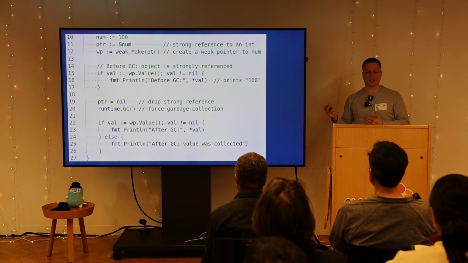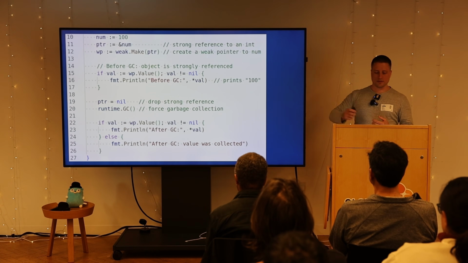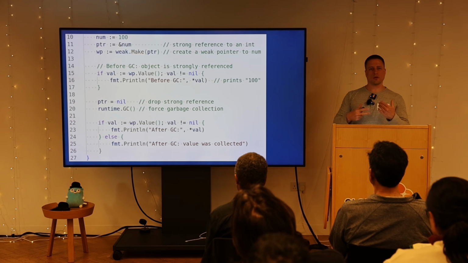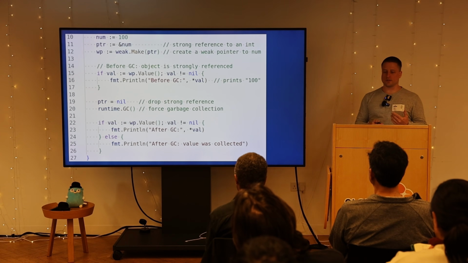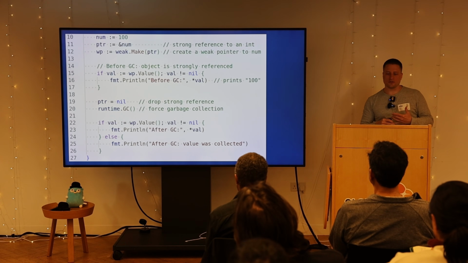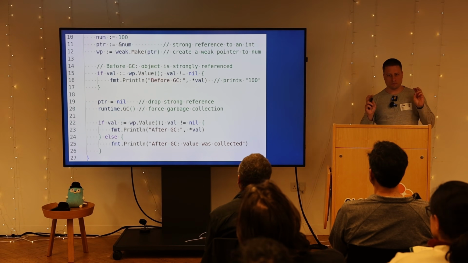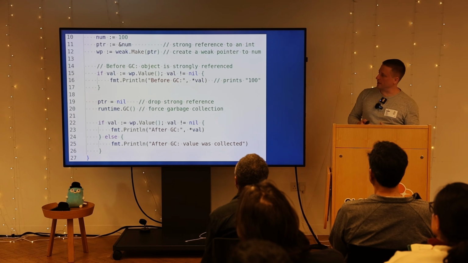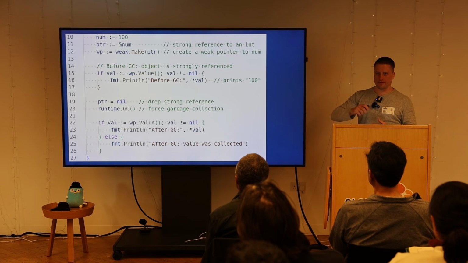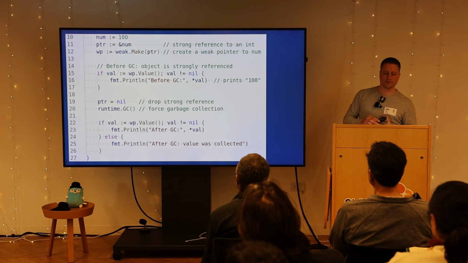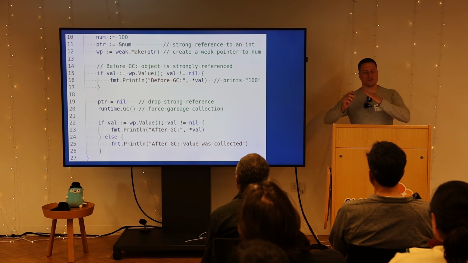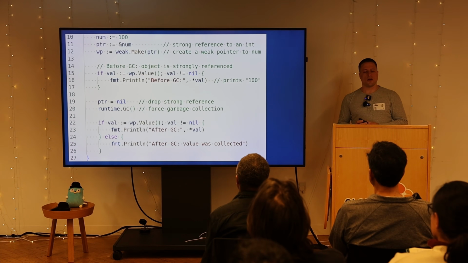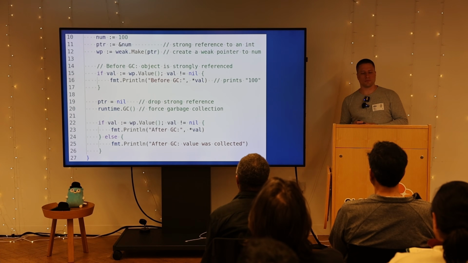So what we'll see here in this if statement is that when we get the weak pointer and convert it to a value, the value is a normal strong pointer, a real pointer. If, however, we artificially remove the strong reference and then run the garbage collector, then something else happens.